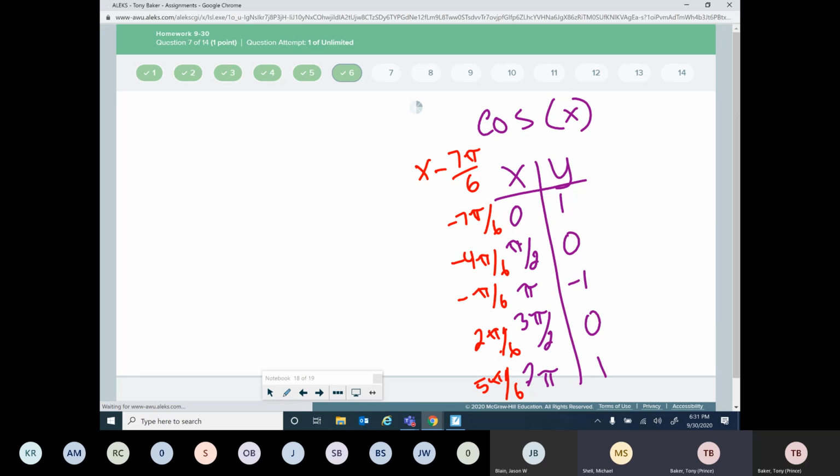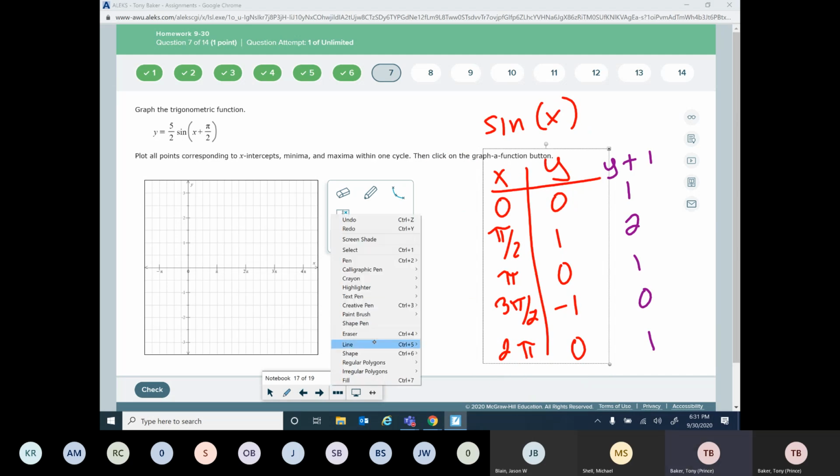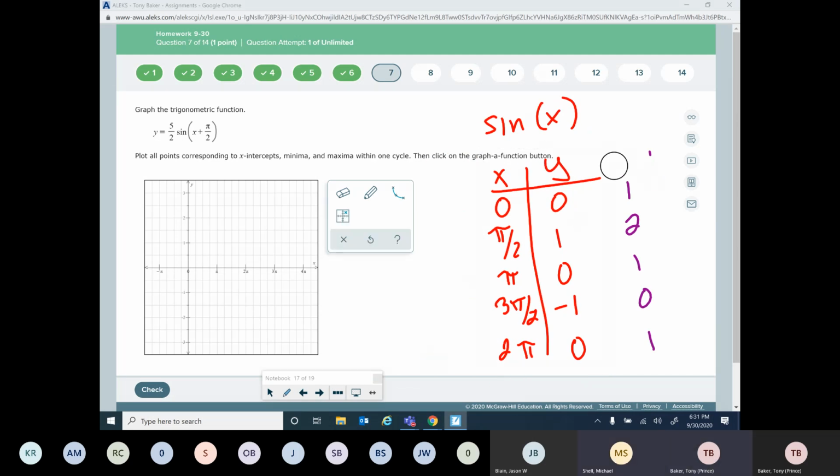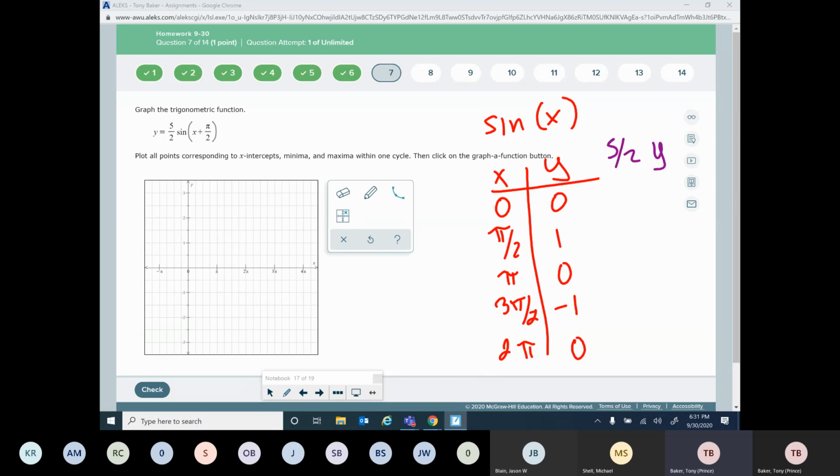All right, what's the next one? So the next one is just doing more. This one is sine. We're doing 2 transformations to this one. So I'm going to do 5/2 times the y, and I'm doing x minus pi/2.